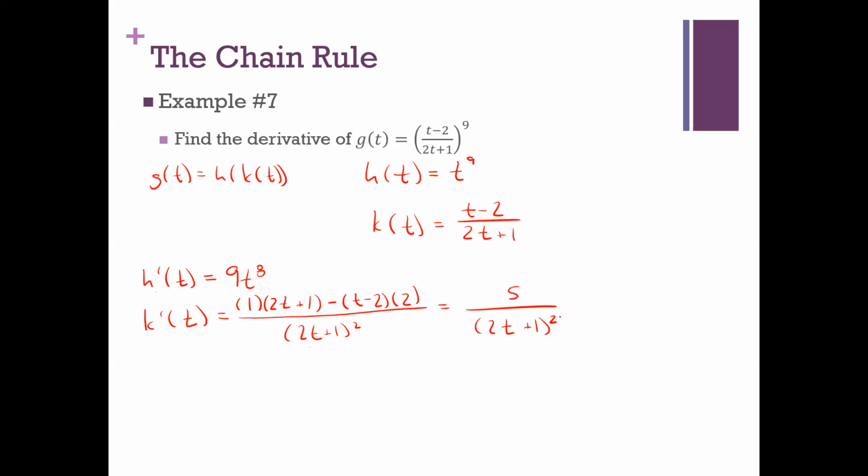Go ahead and pause there. So any questions on where we got these different components? We got the two functions, we got their two derivatives, irrespective of each other. But then having done all of that, how do I get g prime of t?